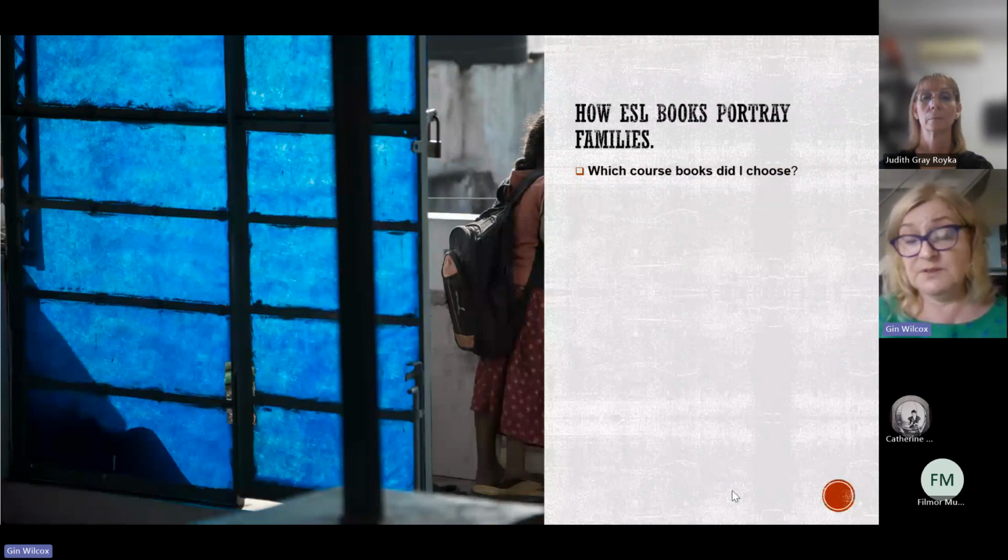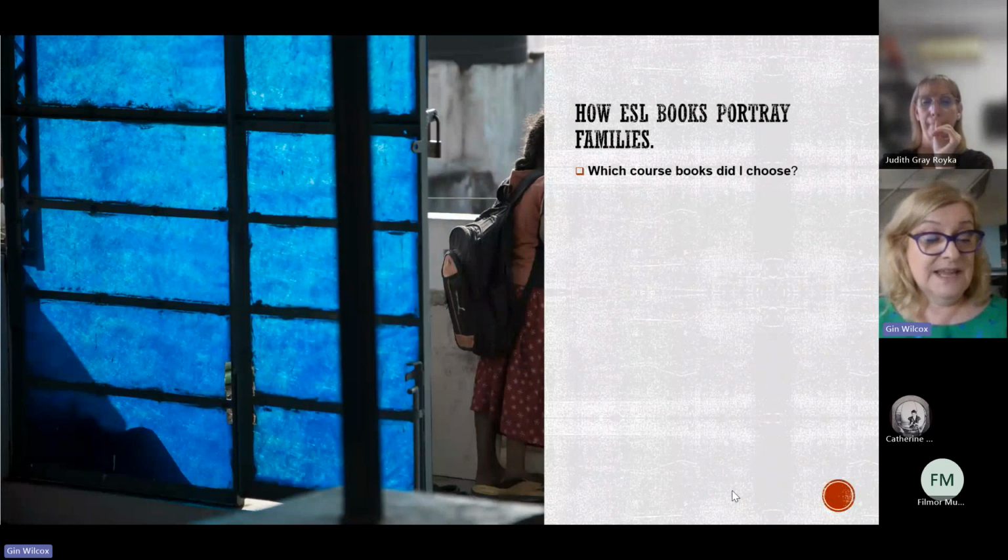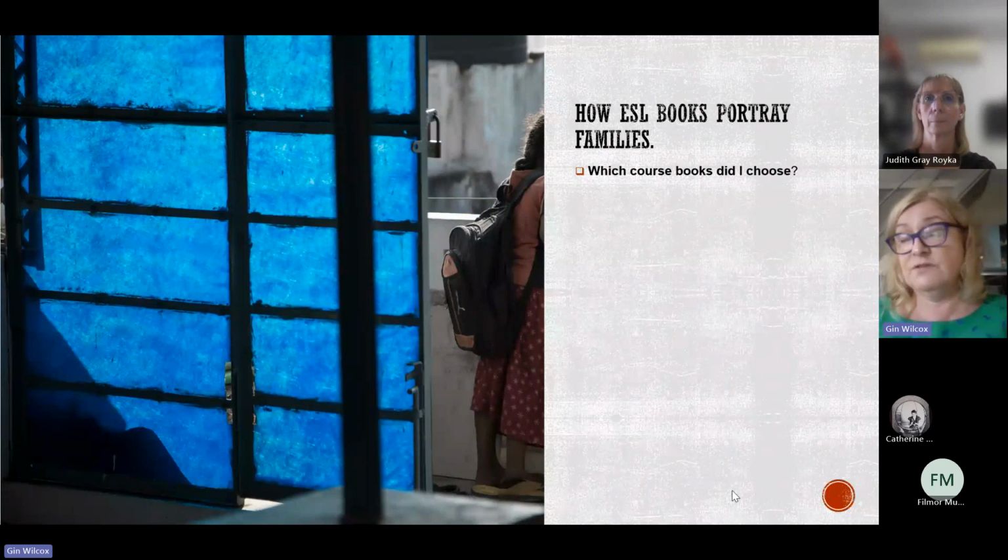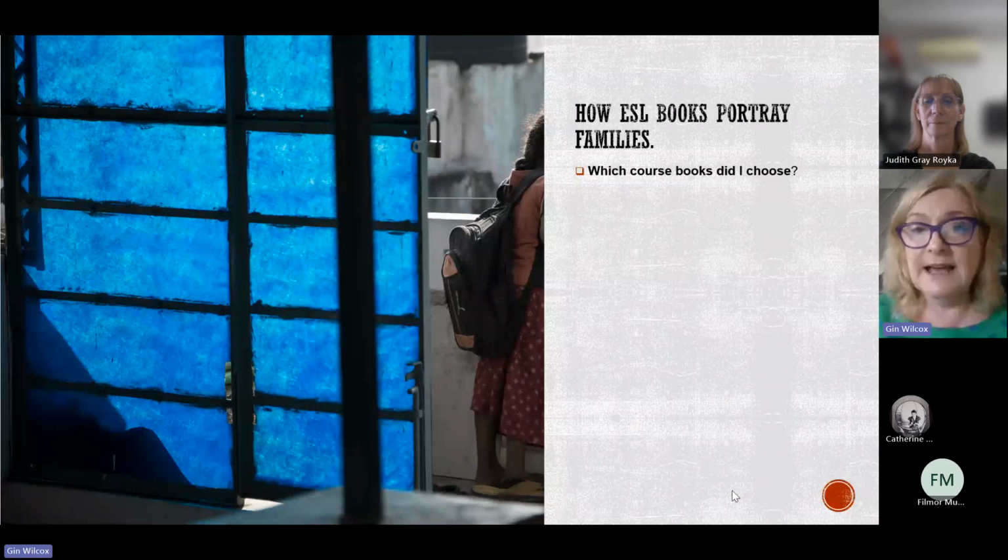So which course books did I choose? I just want to say that I selected these books because I've used them in class and I'm familiar with them. And I've chosen them to cover a range of the Common European Framework of Reference levels for language learning.